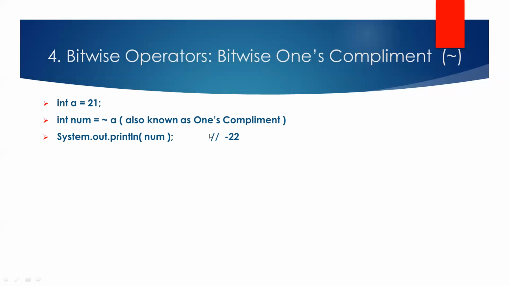So the shortcut to remember is: if we perform the bitwise ones complement on a number, and that number is positive, then the result will be negative with an increment of one. So if we perform the bitwise ones complement on a positive number, it will be incremented by 1, that will become 22, and the result will be a negative value.